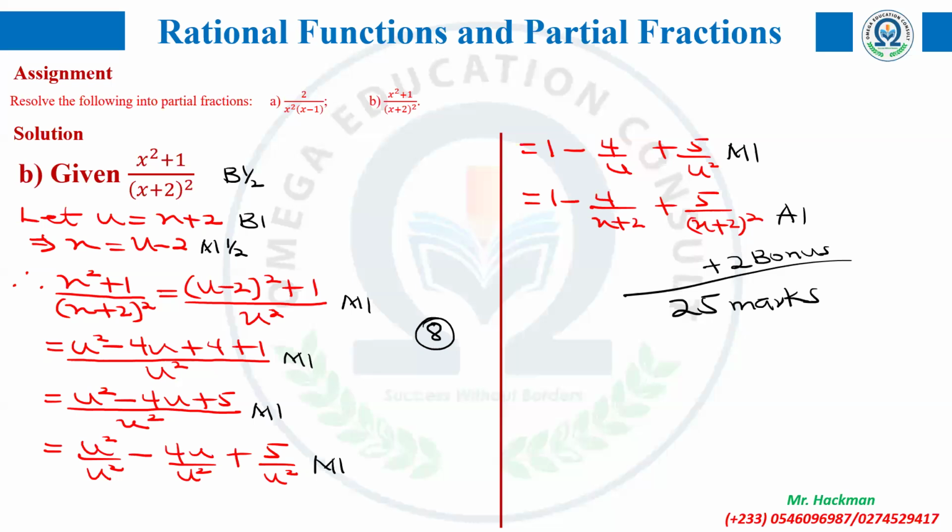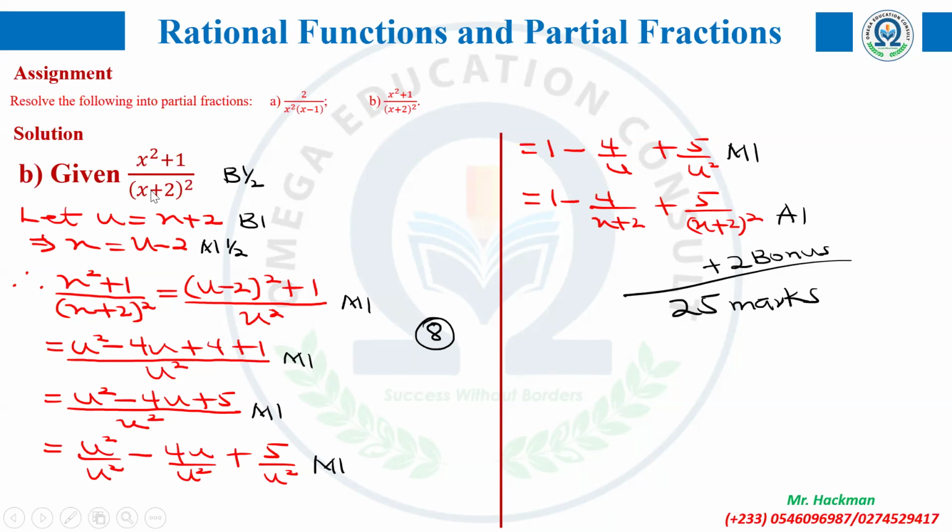It doesn't really matter whether it is proper or improper because you will not go through the identity. It's because of the identity that you have to ask whether it is proper or improper, because the way you write your identity for the proper situation is different from the improper situation. So here we are not going through the identity approach.